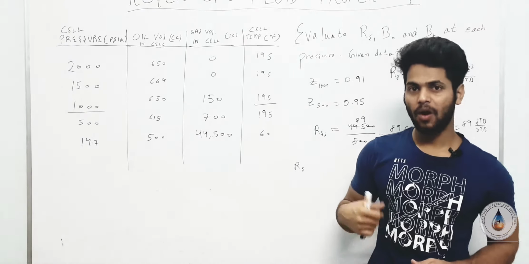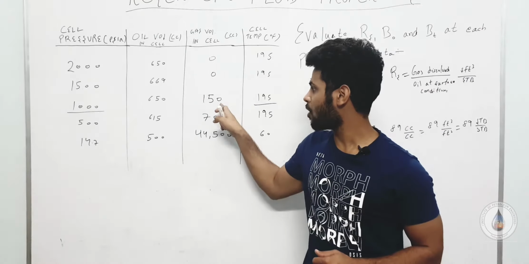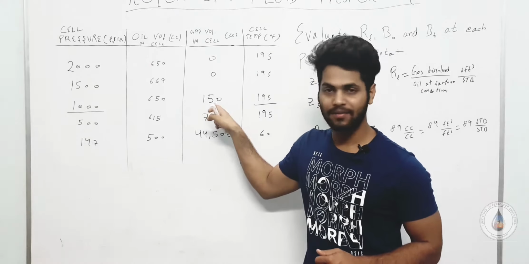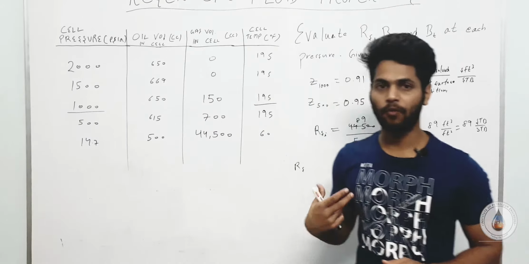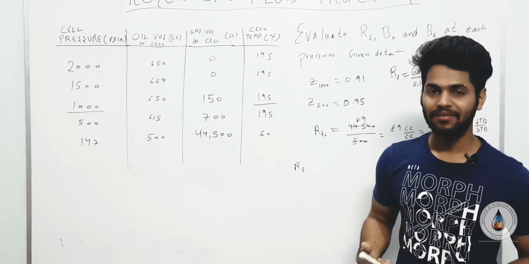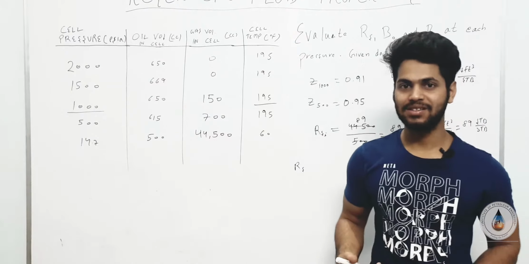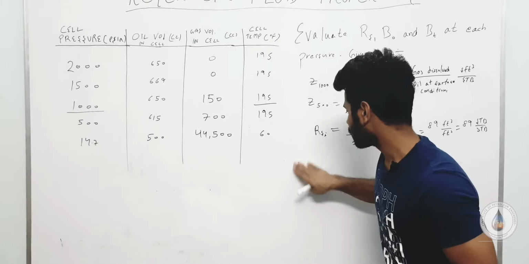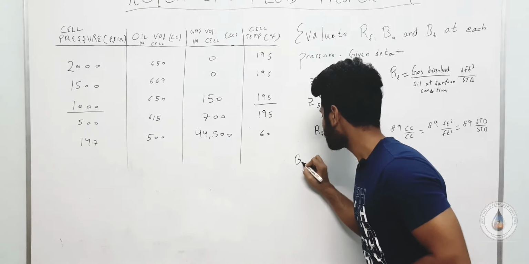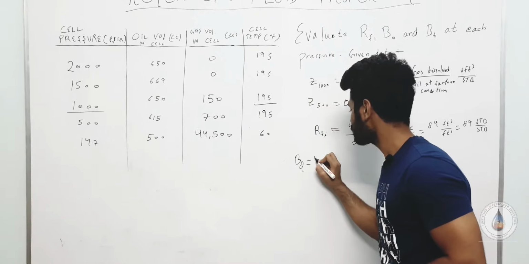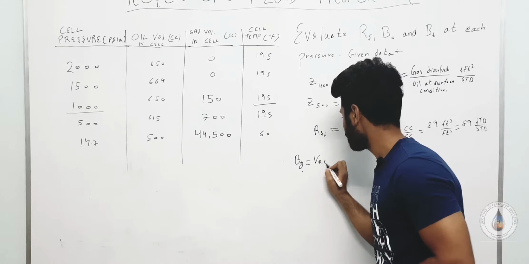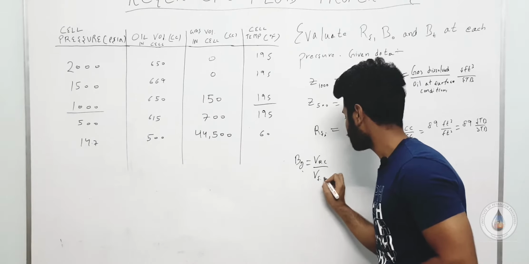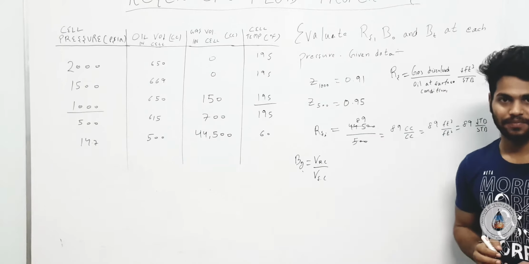So how can I convert this value, which is the volume at reservoir condition, to my volume at surface condition? Well, we have discussed in the past lectures that for these particular things, formation volume factor comes handy, because formation volume factor of gas is basically volume at my reservoir condition upon volume at my surface conditions.